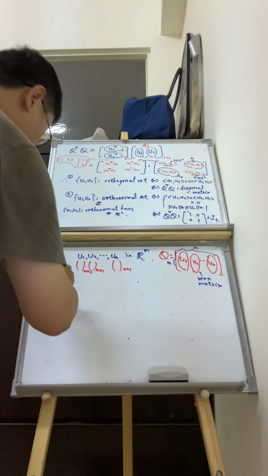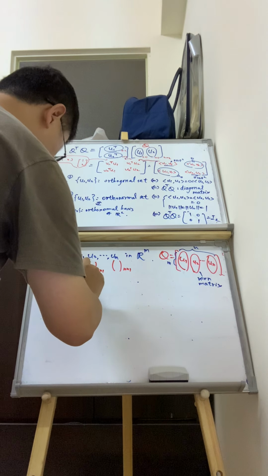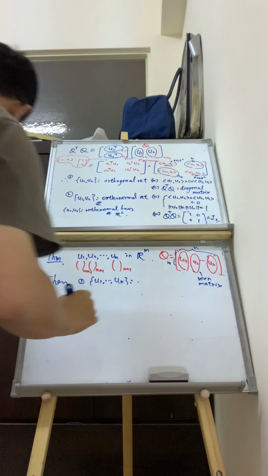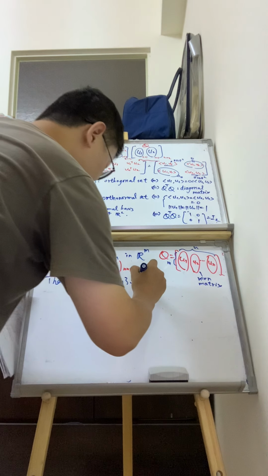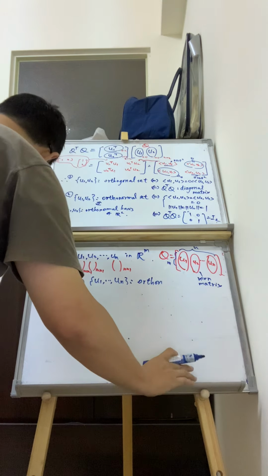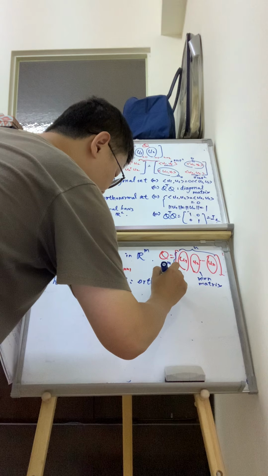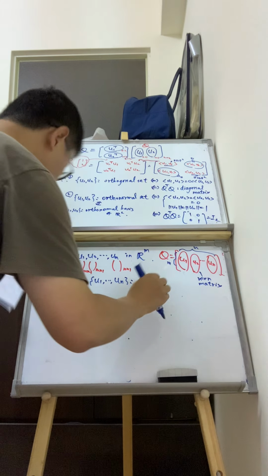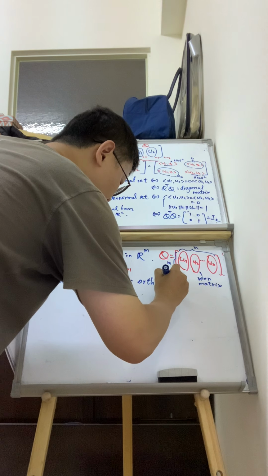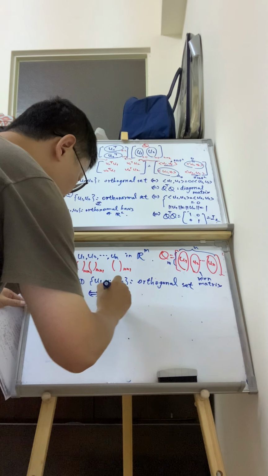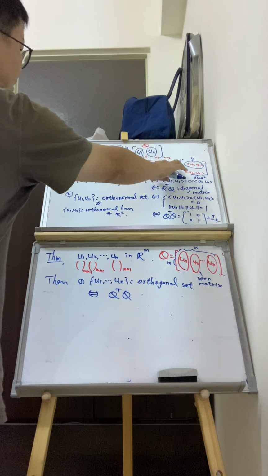And our result is that if these n vectors are an orthogonal set, it means that Q transpose Q is like this one.